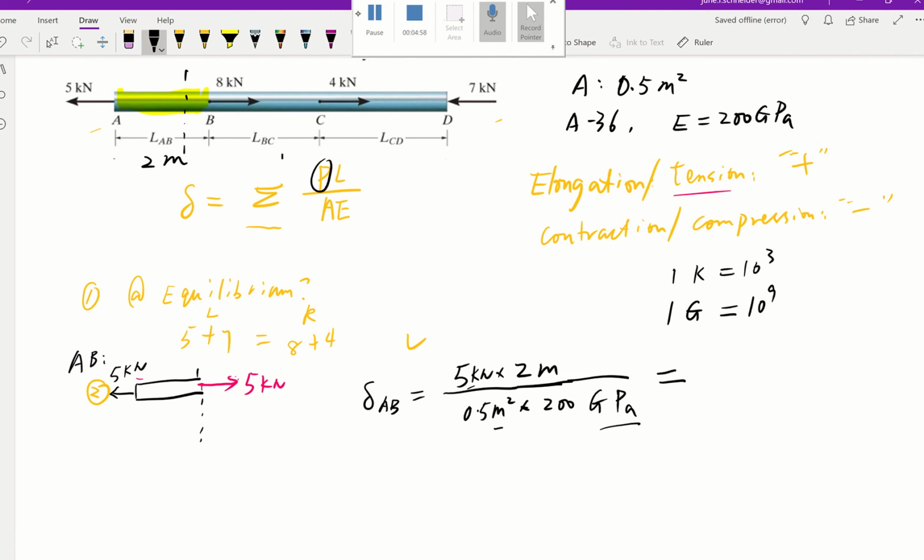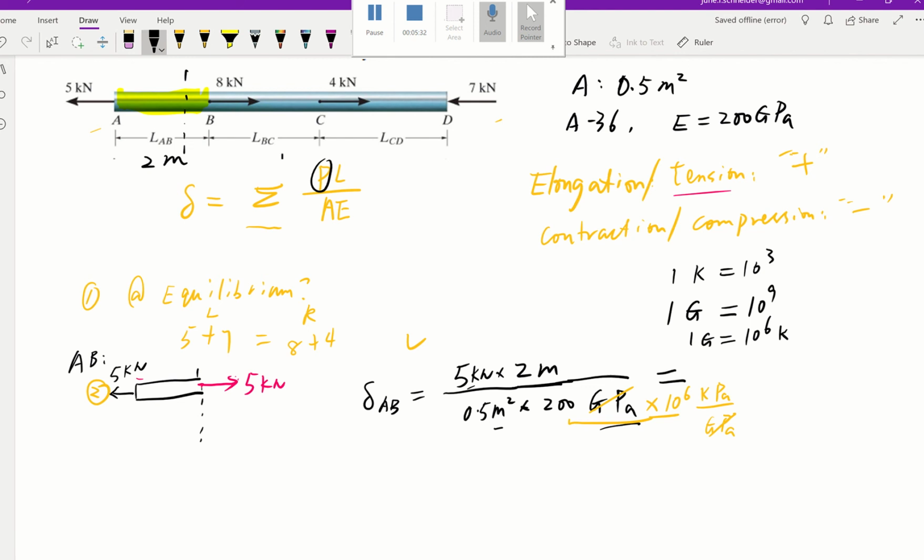So in other words, 1 giga is equal to 10 to the power of 6 kilo. Knowing that, we're going to multiply this by 10 to the power of 6 to change gigapascal to kilopascal. Then gigapascal cancels out, and we'll have kilopascal, and kilopascal times meter squared will give us kilonewton.